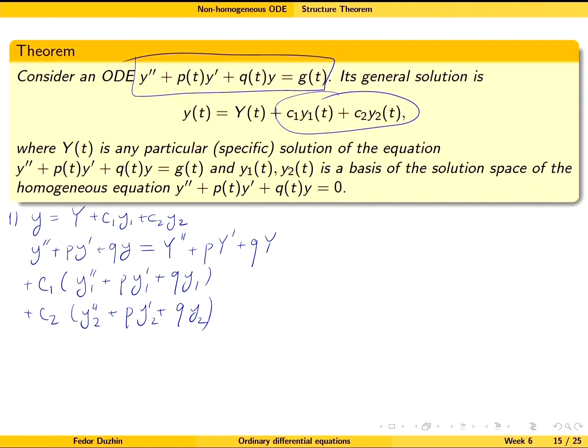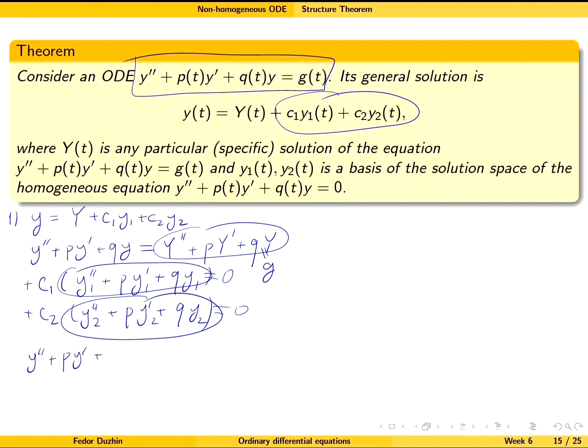Well, but then notice that we know that y capital is a specific solution of the non-homogeneous equation, so it means that this is g. But then y1 and y2 are solutions of the homogeneous differential equation, which by definition means that this is 0 and this is 0. And then therefore we get y double prime plus p y prime plus q y is g of t, which is exactly what this part is about, right? So we were supposed to show that every function of this form is a solution of this non-homogeneous equation.